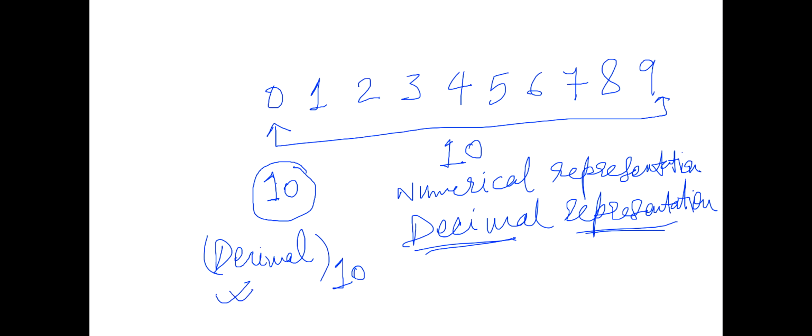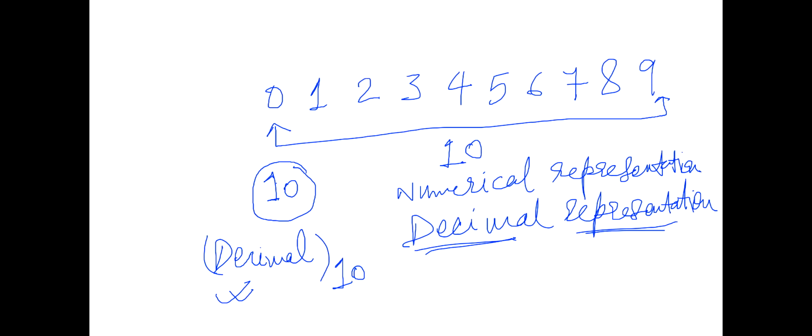Let's say, if instead of these 10 digits, I have some other form of representation of numbers in which I have only 5 digits, not these digits but any other digits in any other language that you are not aware of.